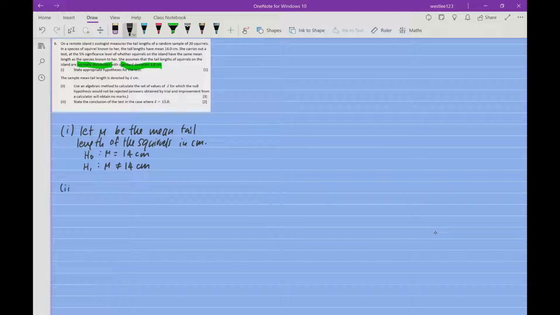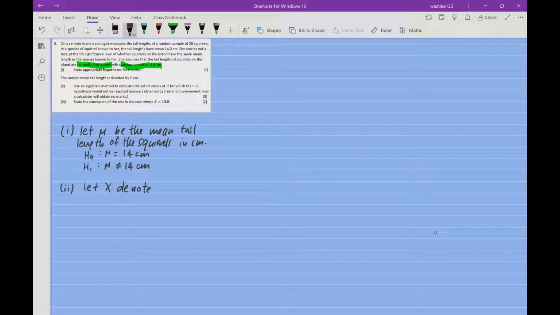Okay, moving on to part 2. The sample mean tail length is denoted by x bar. Use an algebraic method to calculate the set of values of x bar for which the null hypothesis, H0, would not be rejected. When random variables are not given to you, please define them before you use them, because if you do not do that, marks will be deducted.